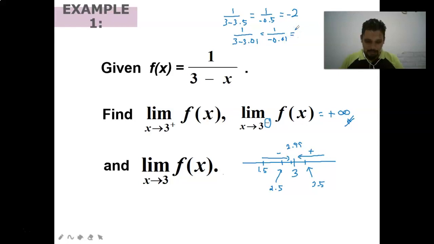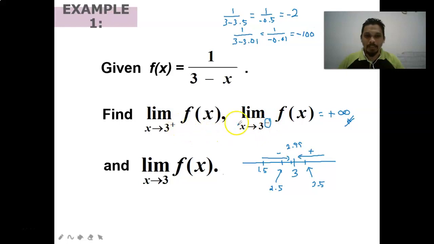So 1 divided by negative 0.01 equals negative 100.